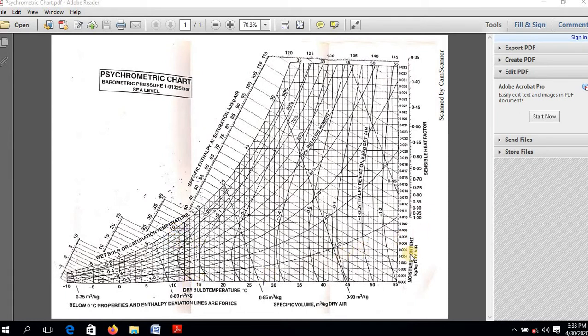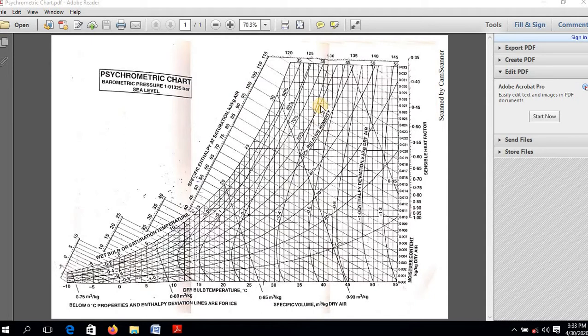This vertical scale shows the value of moisture content, W, in kg per kg of dry air, and these inclined scales show the values of specific enthalpy of air in kilojoule per kg of air.